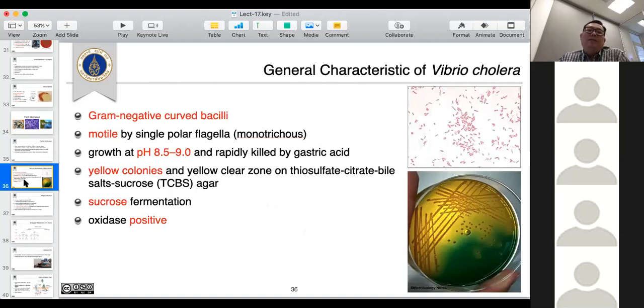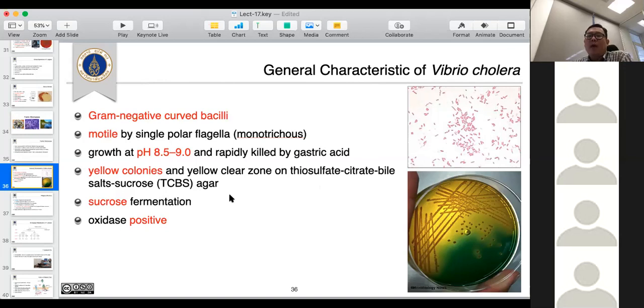This group is oxidase positive, which differs from Enterobacteriaceae. So let's start with a very important one, Vibrio cholerae. Vibrio cholerae needs special media. This is thiosulfate citrate bile salt sucrose, or TCBS agar. TCBS agar is normally green.